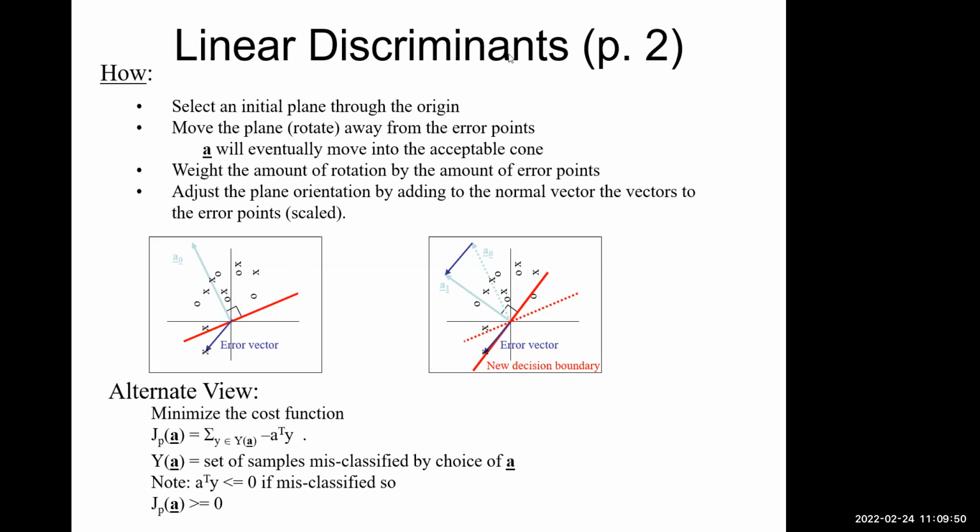We take an initial plane, which has an initial normal vector. And that point there is a naughty one.